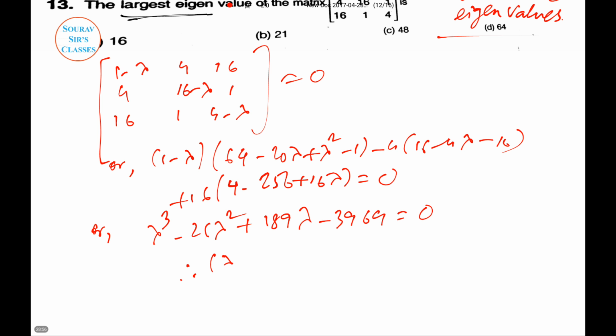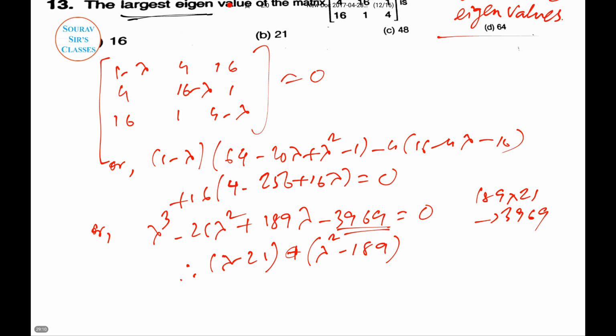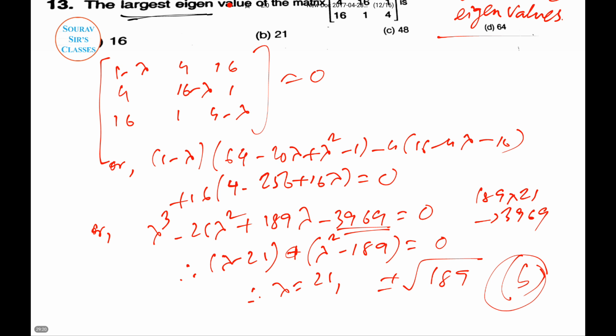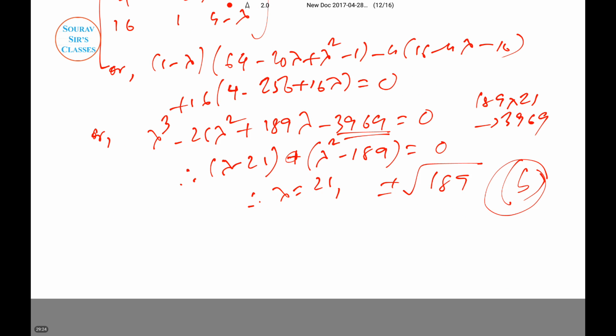If you solve it, this will become lambda minus 21, and here also you can take common, so this will give you lambda square minus 189. 189 into 21 equals 3969. This trick will be useful. So lambda equals 21 or plus minus root over 189. According to the options, B is the correct answer.